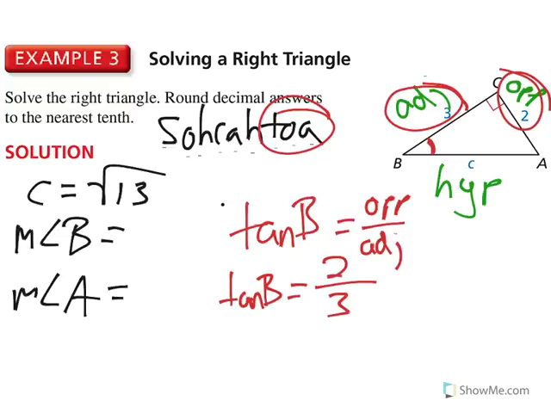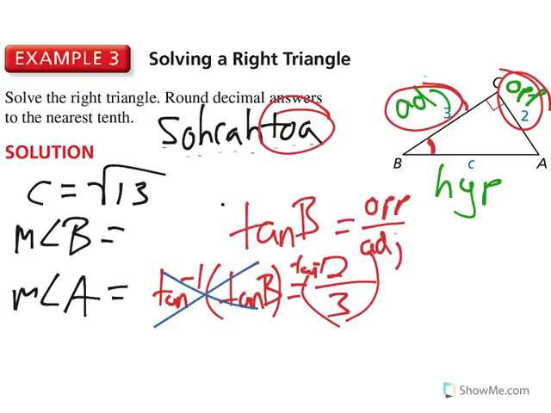We just learned how to find this. When I have the tangent of an angle and I don't know my angle, I take the inverse tangent of both sides. On my left side, the tangent and the inverse cancel, so I'm left with the measure of angle B is equal to the inverse tangent of 2 over 3.